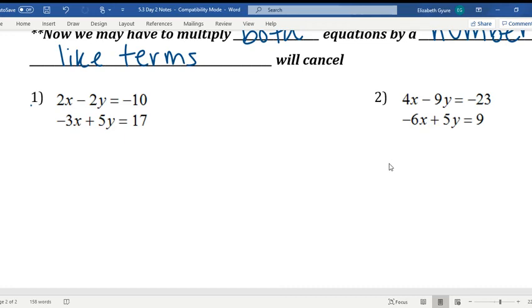Also, let's think about it for a second. Can you multiply a 2x by something to turn it into a 3x? No, or vice versa, right? You can't multiply 2's and 3's to turn them into each other.